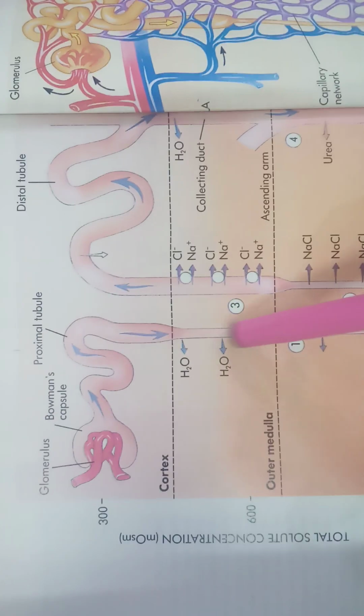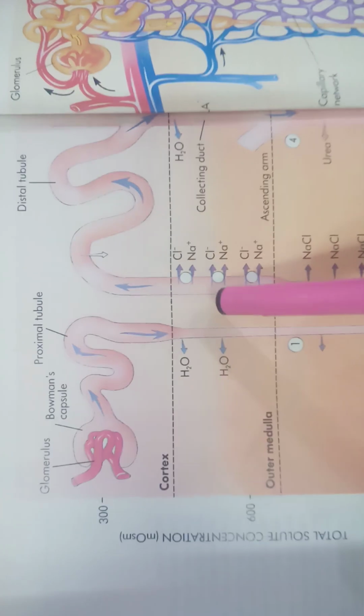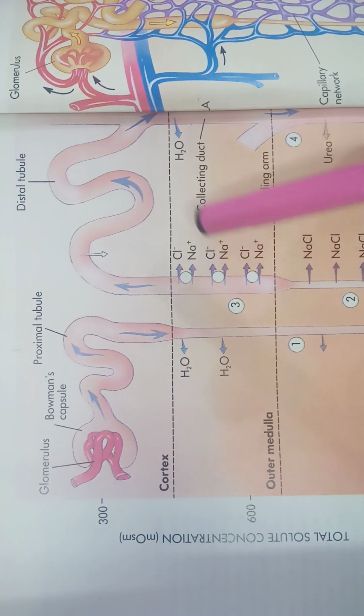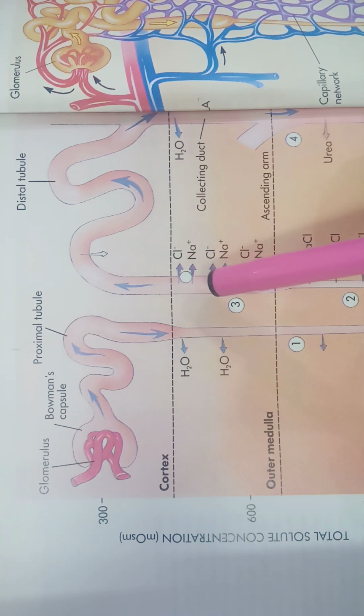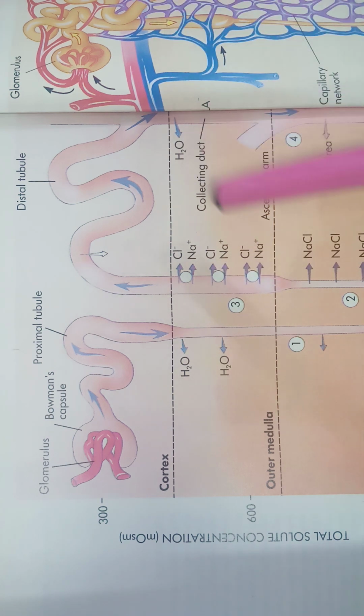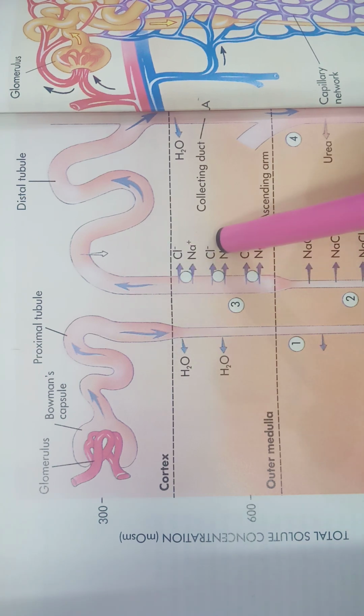In the descending limb, water channels known as aquaporins are present, and mostly water is reabsorbed from the descending limb into the blood vessels, whereas sodium channels are present in the ascending limb, and mostly chloride ions, sodium ions, calcium ions, magnesium ions and other useful substances move from the ascending limb to the blood vessels.